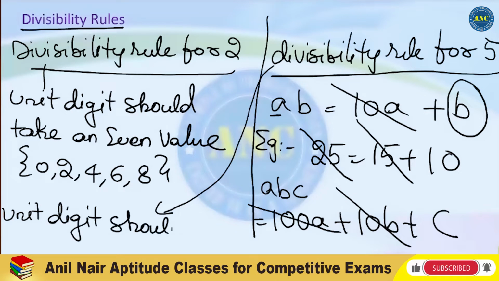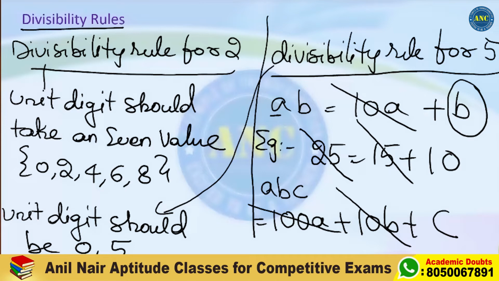Any number multiplied by 5 will give you unit digit 0 or 5. 5 2s are 10, 5 3s are 15, 5 4s are 20, 5 5s are 25. The divisibility rule for 5 says the unit digit should be 0 or 5. The divisibility rule for 2 says the unit digit should take an even value. An even value is nothing but a value which is divisible by 2, including 0.